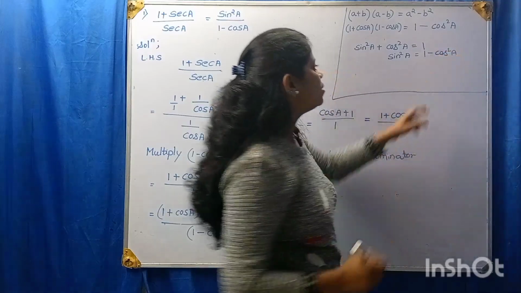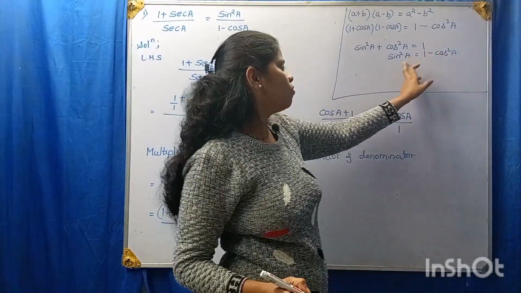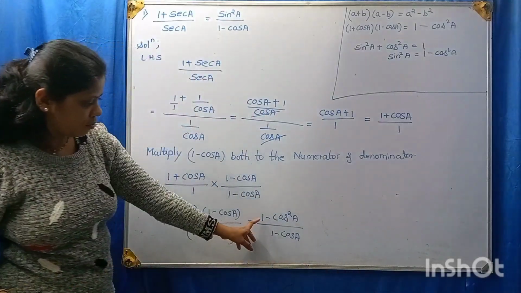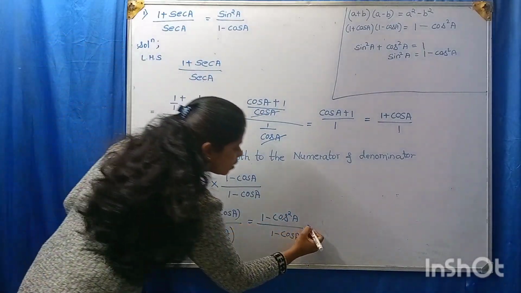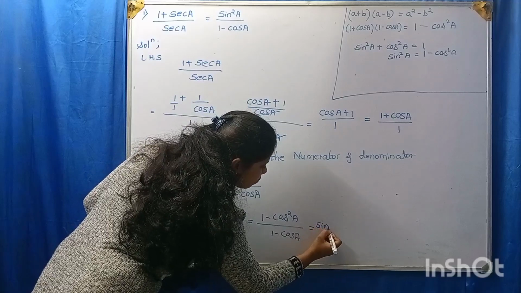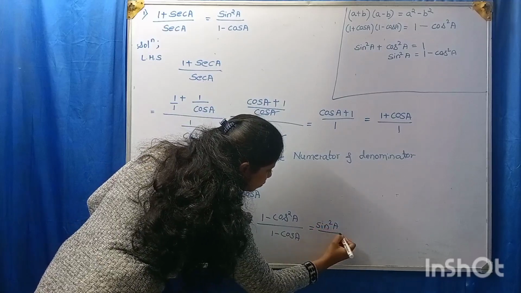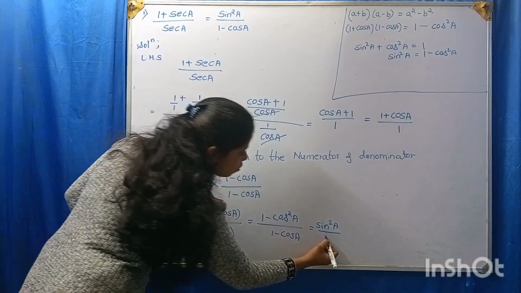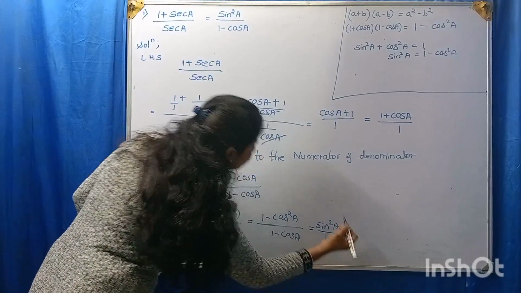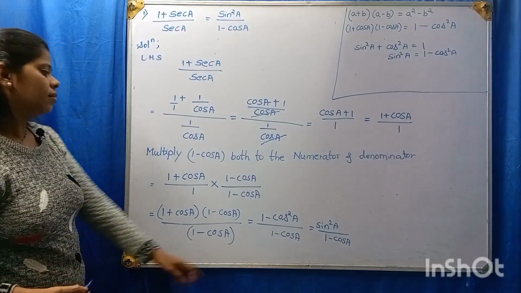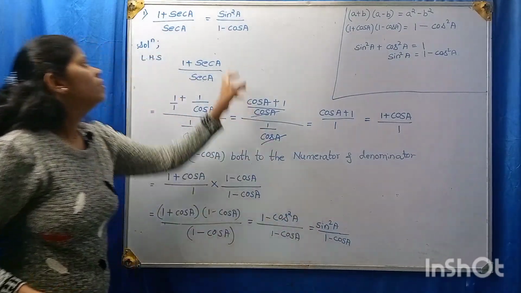That is, 1 minus cos square A is equal to sin square A. So I will write 1 minus cos square A as sin square A, divided by 1 minus cos A. That is our RHS.